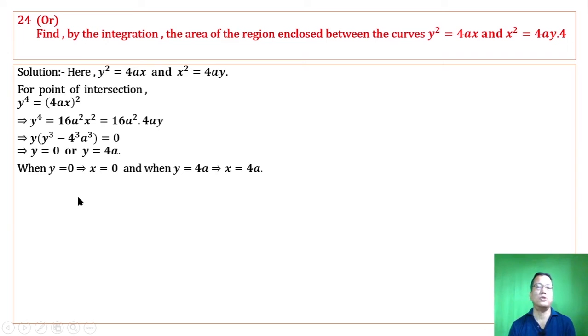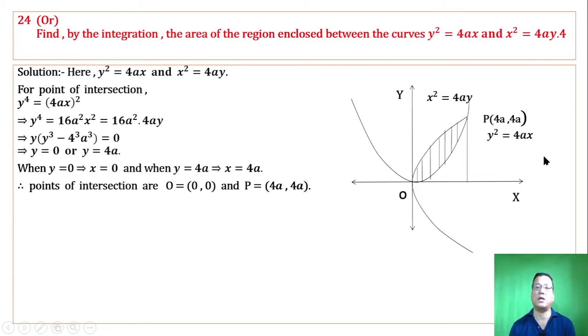When y equal to 0, the value of x is 0. When y equal to 4a, x equal to 4a. Therefore the points of intersection are the origin 0, 0 and the point P whose coordinates are 4a, 4a, as in this picture.